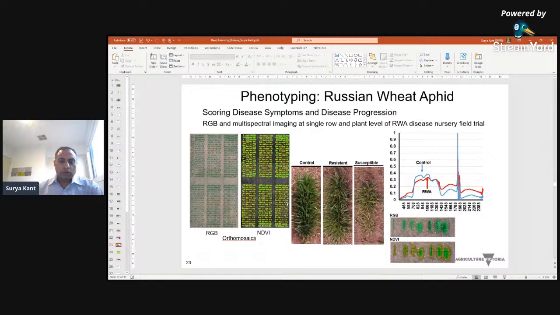This is how we grow in a single row to do the disease severity estimation. It is a 50 centimeter row, but from aerial images at 25 meter height, we can get to good resolution to differentiate control, resistant and susceptible genotypes. On the right, we show the hyperspectral imagery data of how control and Russian wheat aphid signatures are differentiated. That has been helpful for high throughput phenotyping using this hyperspectral camera.